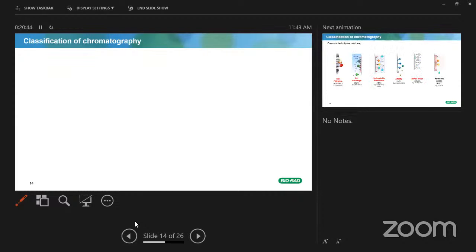Now we talked about the hardware or the components of a liquid chromatography. Now the important part where the chromatography happens, that is where the magic happens, is the column. So what are the types of columns which are employed in liquid chromatography?